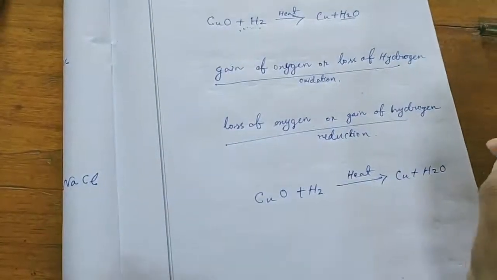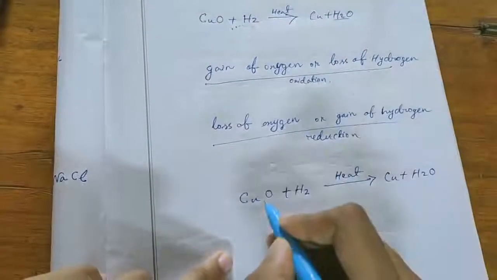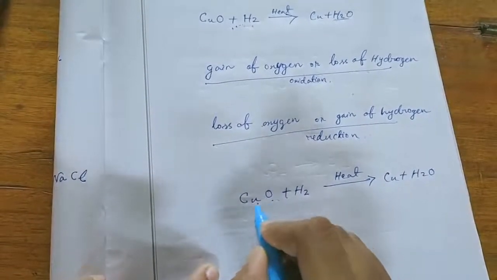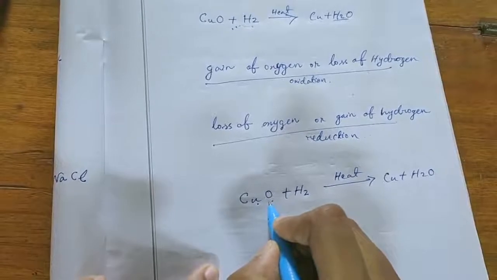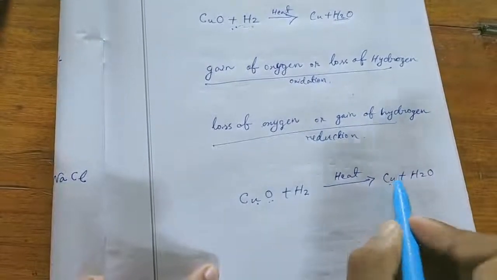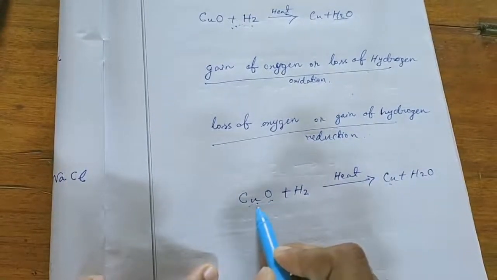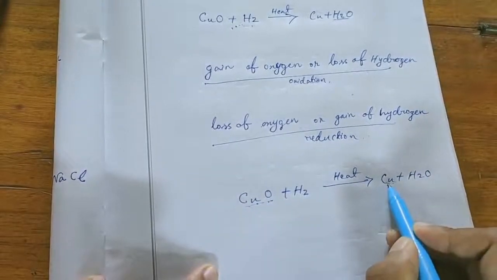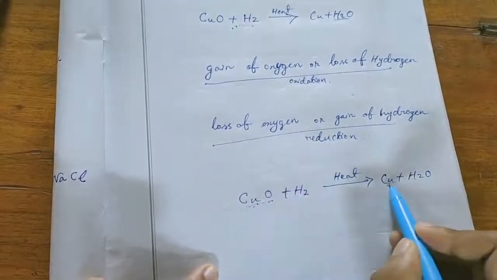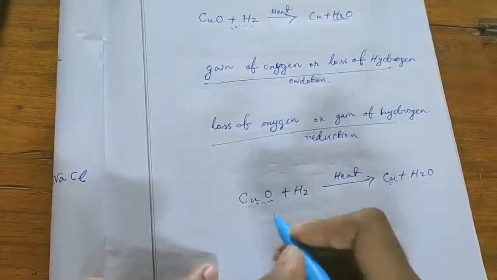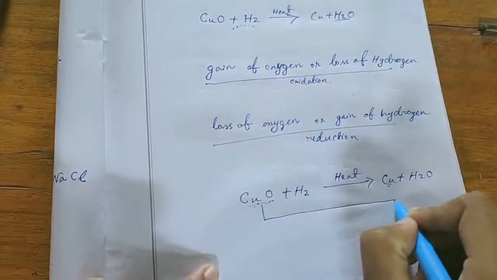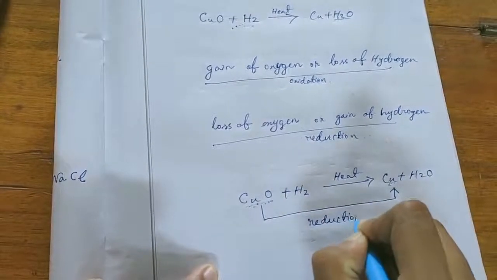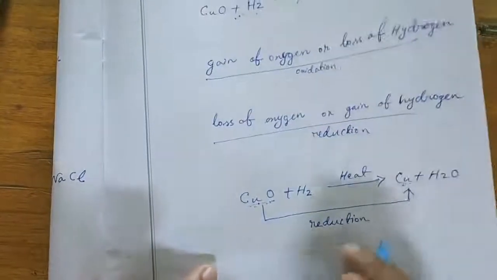Now see here, oxygen was there, copper oxide, which becomes copper. What does it mean? From here oxygen is lost. Because here there was copper oxide, and it became copper. So oxygen is lost. This is reduction.